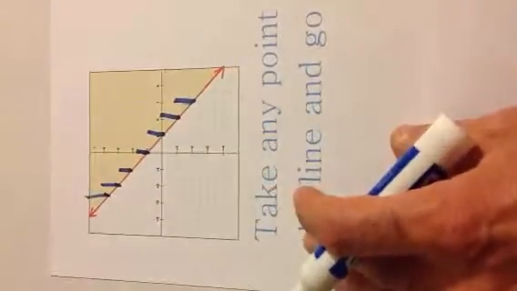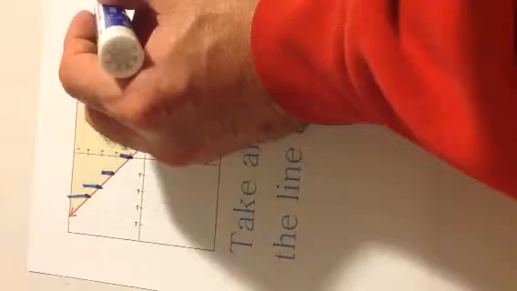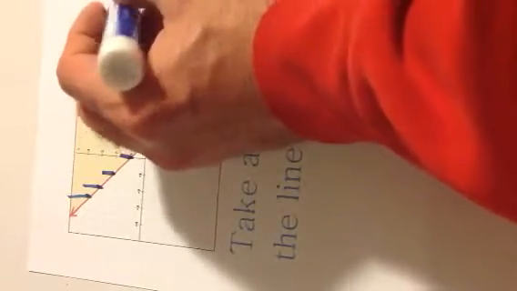When the solution is above the line, this is important, y is going to be greater, depending on whether it's a dotted line or a solid line. In this case it's a solid line, so y is going to be greater than or equal to mx plus b.